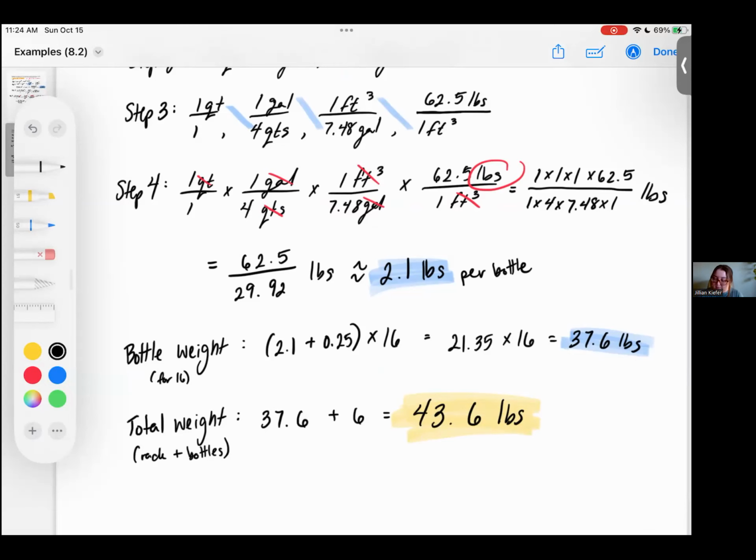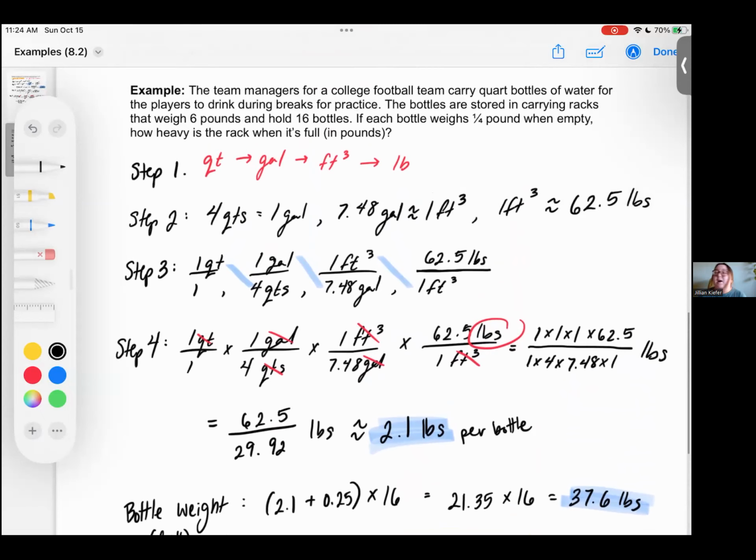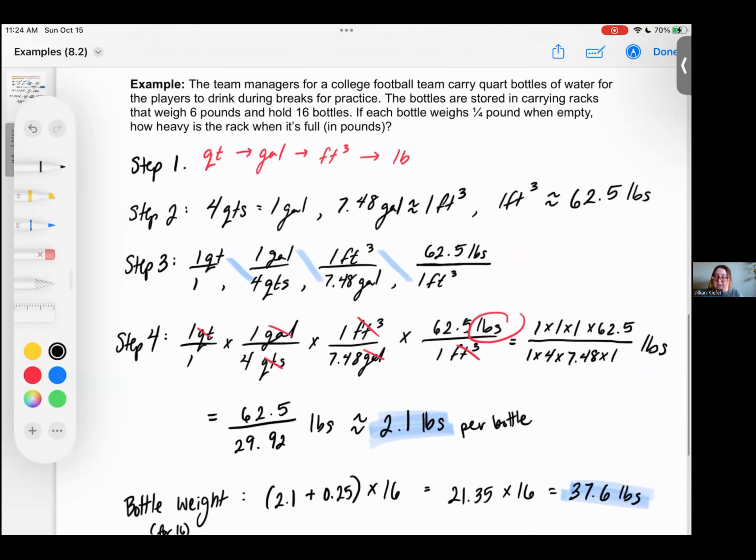So there was quite a bit of work that went into this. There were quite a few conversions. There was figuring out how much each weighed. So we wanted to convert the weight of our quart bottles filled with fresh water into pounds. So we had to figure out how many pounds each bottle was. Then we added on the bottle weight when empty, so how much just the bottle itself weighs. Multiply that by 16 for the 16 bottles on each rack.